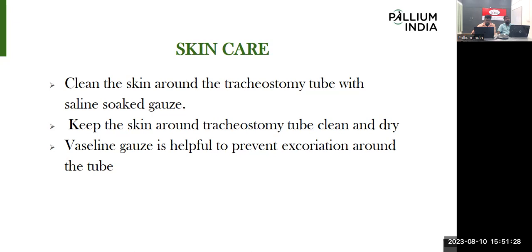But this area has a high chance of sweating, and mucus gets in contact with the peristomal region. So after cleaning and drying the area, Vaseline gauze is helpful for preventing excoriation. Using the gauze, we can cover around the stomal region under the faceplate of the outer tube.